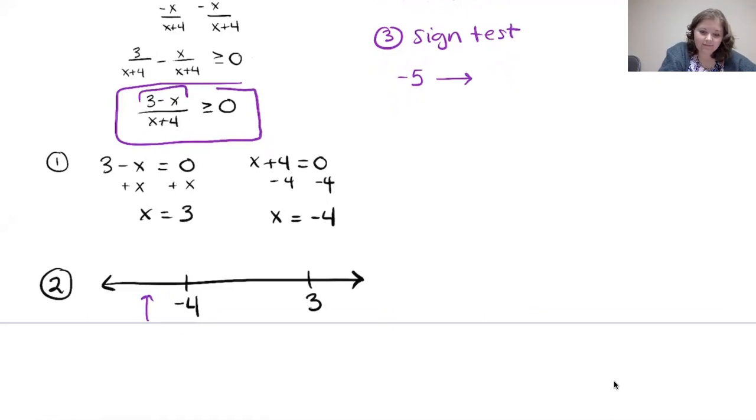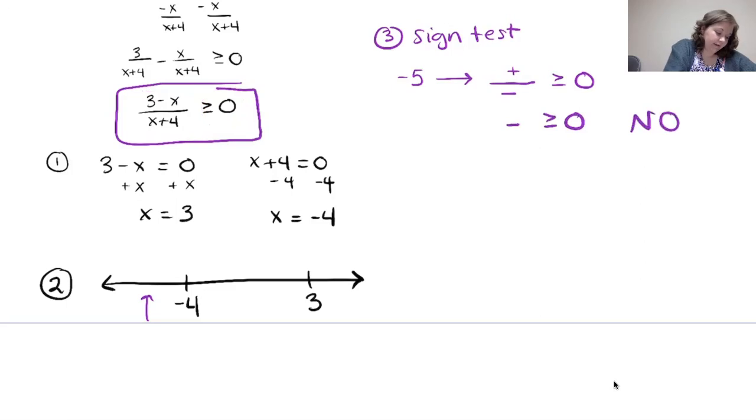That's 3 plus 5, which is a positive number. On the bottom, we're getting -5 plus 4, which is a negative number. And we want to see, is that greater than or equal to 0? So positive divided by negative is negative. And so we ask, is our negative number greater than or equal to 0? And so that is not true. And so this interval is no.